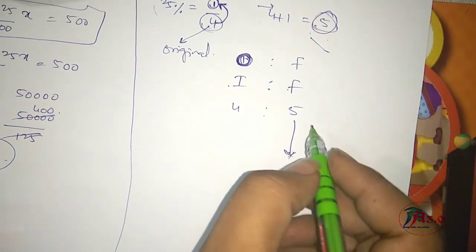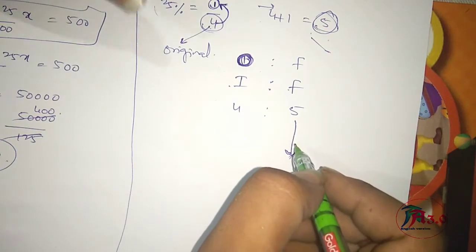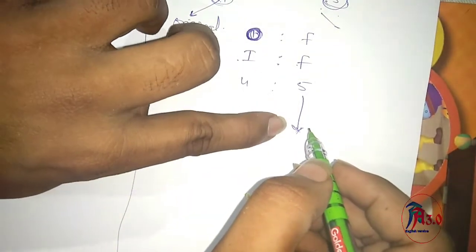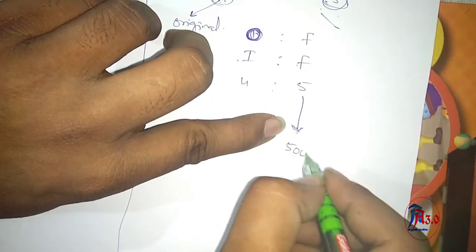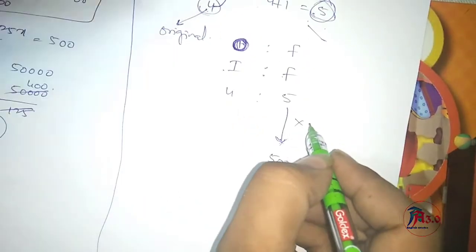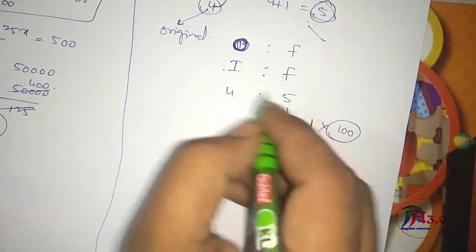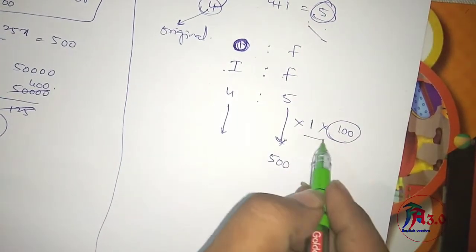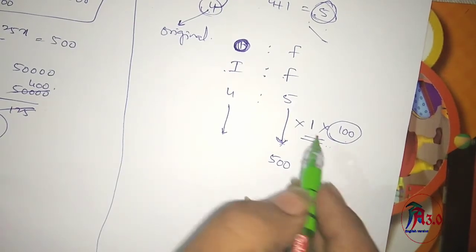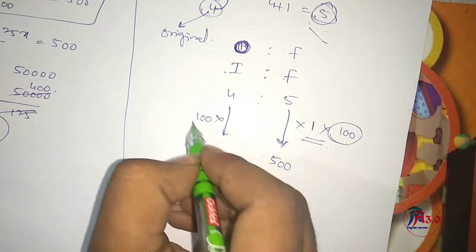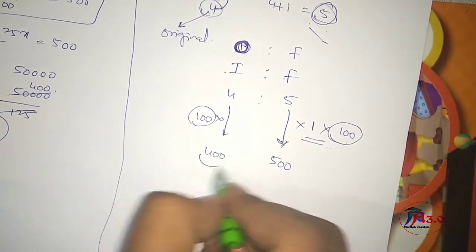If we see, final number is given as 500. So here 5 units is equals to 500. Then what is the value of 1 unit? The value of 1 unit is 100. So if the value of 1 unit is 100 rupees, then what is the value of 4 units? 4 into 100 is 400. This is the original number.